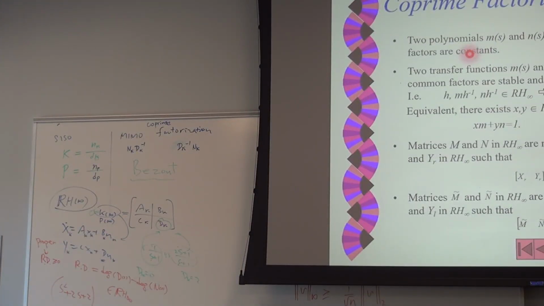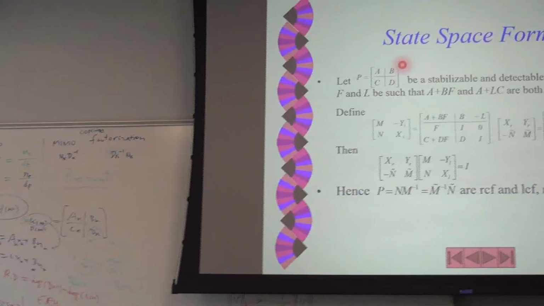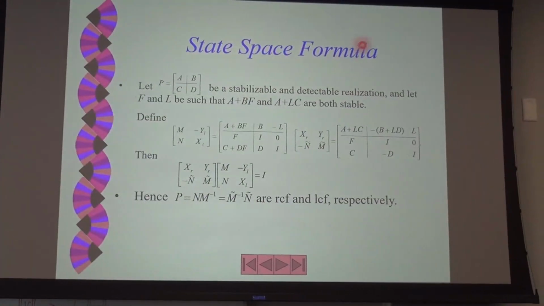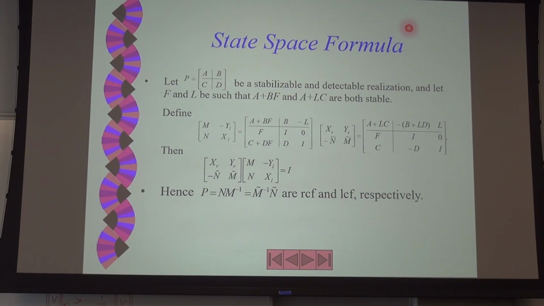Usually we go back to the state space. Say, for example, the plant P has a state-space realization A, B, C, D. In linear systems we have learned to assume it is both detectable and stabilizable.